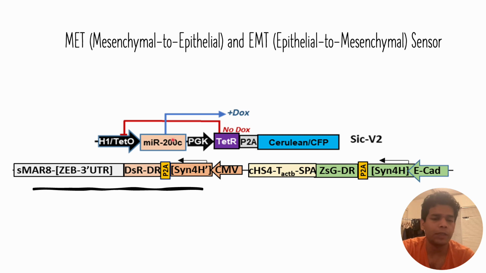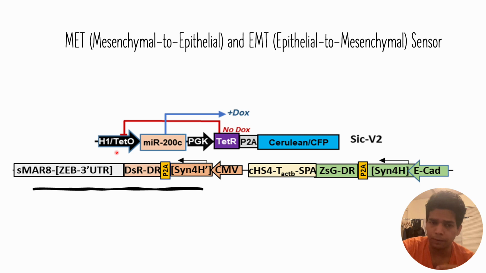This microRNA 200 will disrupt the untranslated region of the ZEB, thereby making the ZEB protein unstable. This leads to the inhibition of ZEB protein formation. Thus, the suppression of epithelial genes will get disrupted, and cells will start to behave more like epithelial cells.